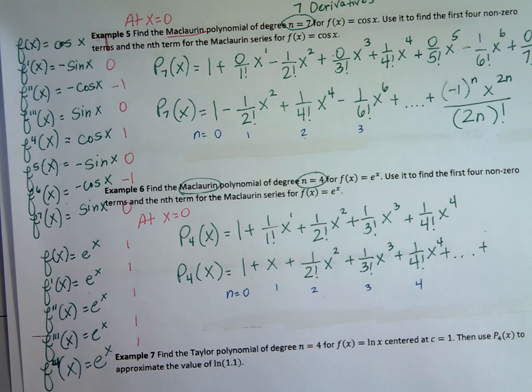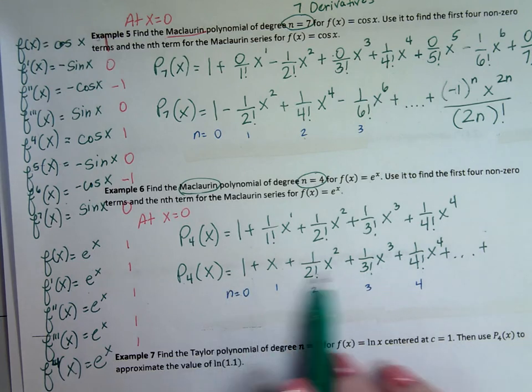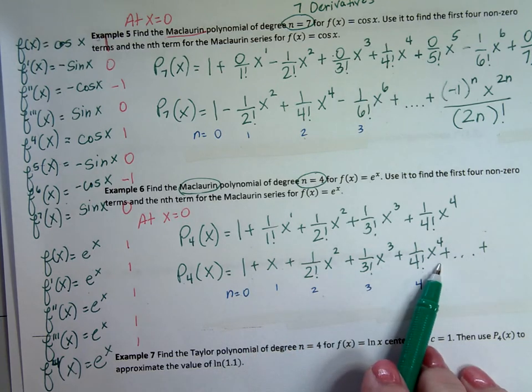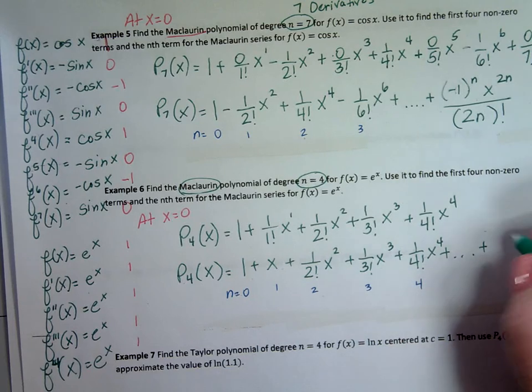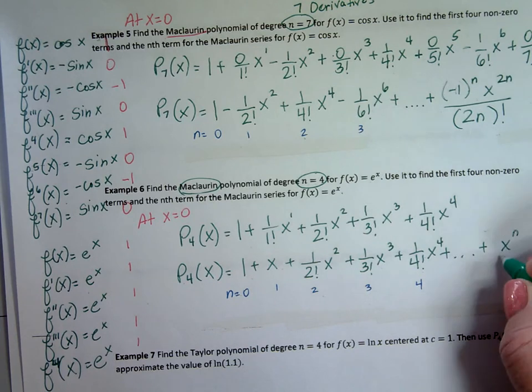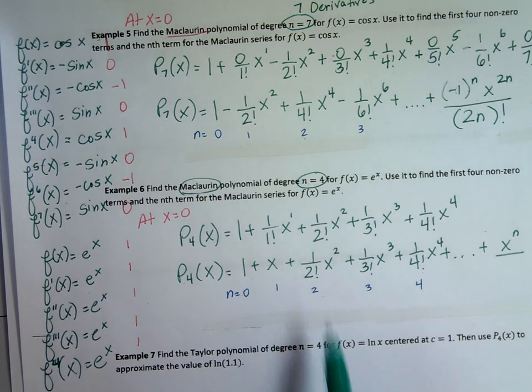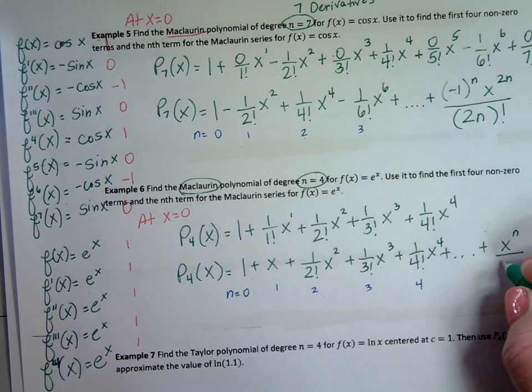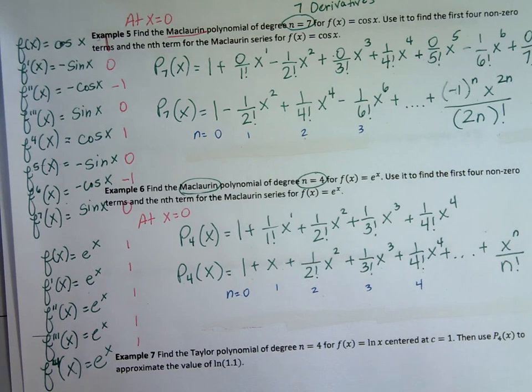The signs do not alternate, so I don't need the -1. And my x is going to the same power as what the n is. So x to the n over, and my factorials are identical to the n's as well, so that's going to be over n factorial. How about that one? That was nice.